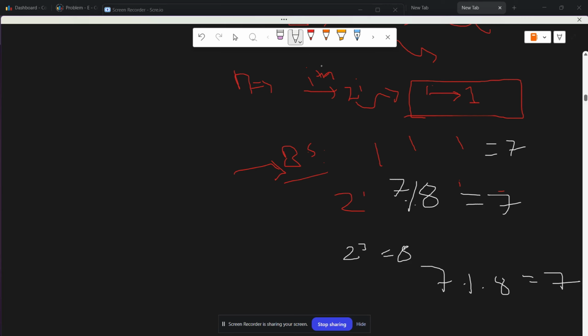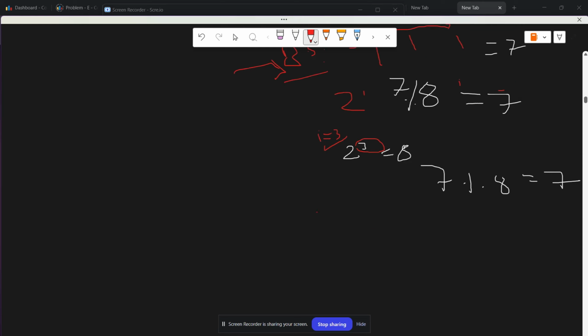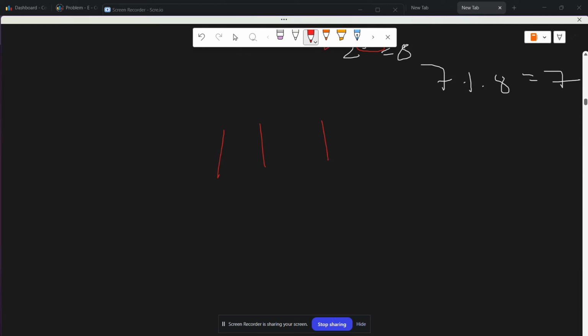Why? Because we had 2 raised to i with i as 3, so the remainder will be the binary representation of the ith to first bit. The binary representation of the third to first bit is 7 only. We can take another example, 1, 1, 1, and divide it by 2 raised to 2.